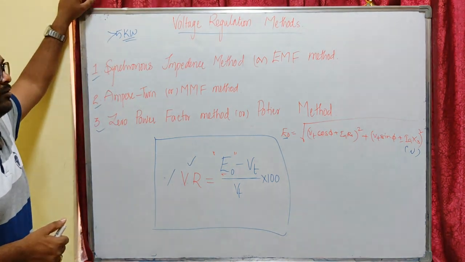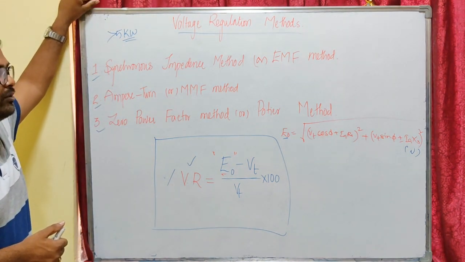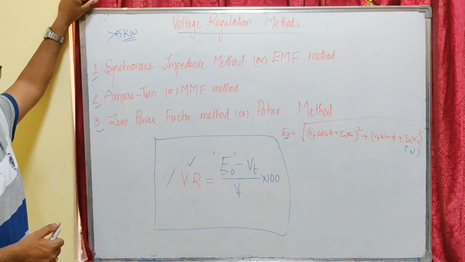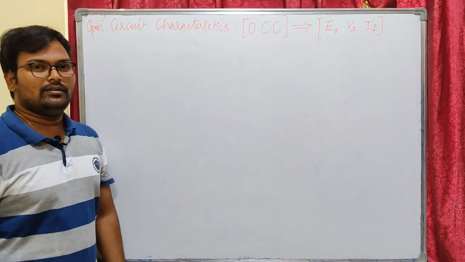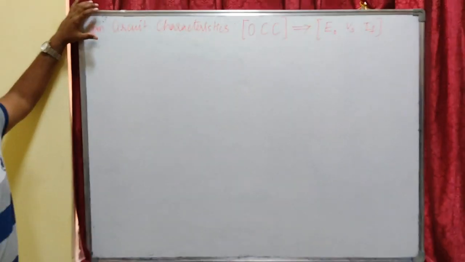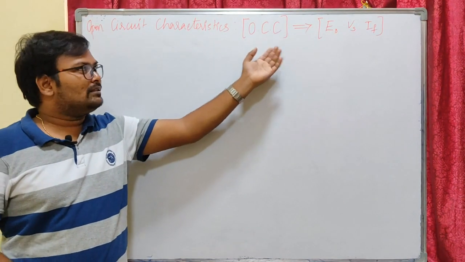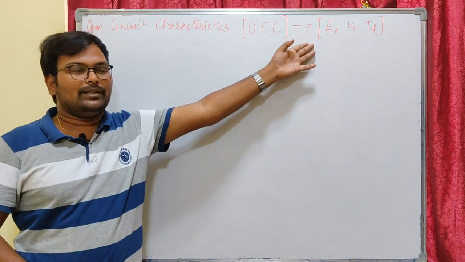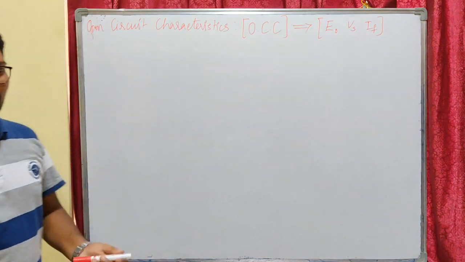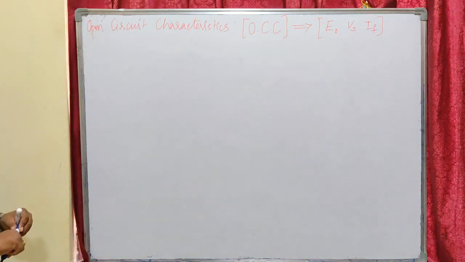Before going to these methods, we need to know about some characteristics. First let us understand the open circuit characteristics of our synchronous generator. This is also called the OCC, the graph between generated EMF and field current. I hope you already know what the open circuit characteristics are.